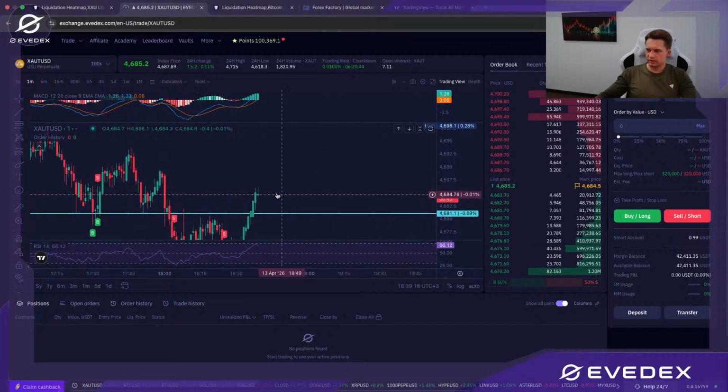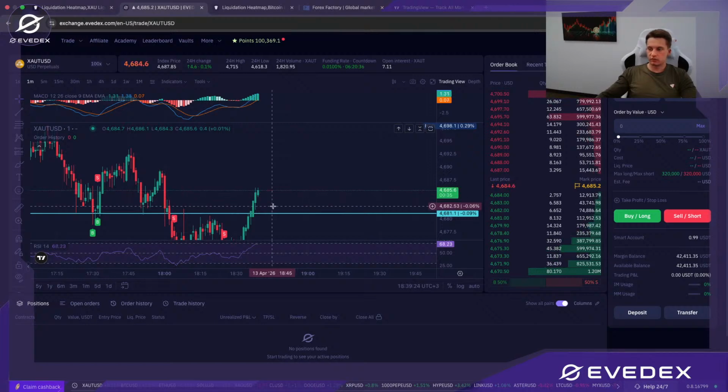I want to get a retest, maybe show some kind of reversal, well, not a reversal, a retest for the price, and on that retest we could enter for a long position.